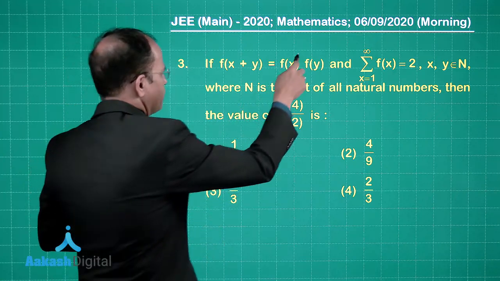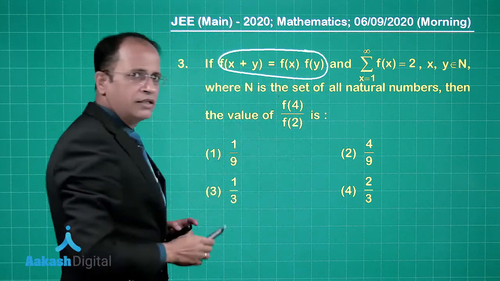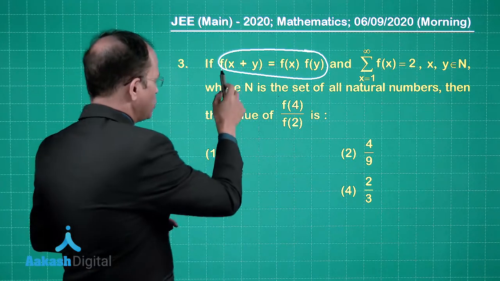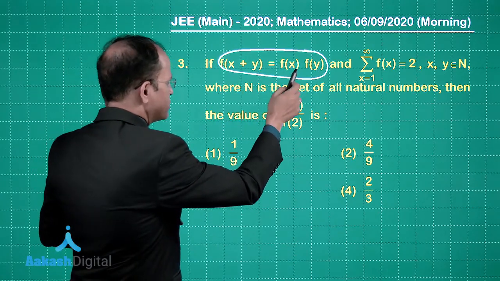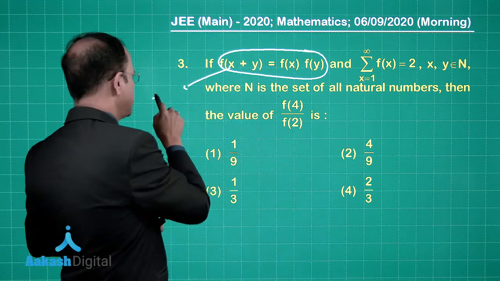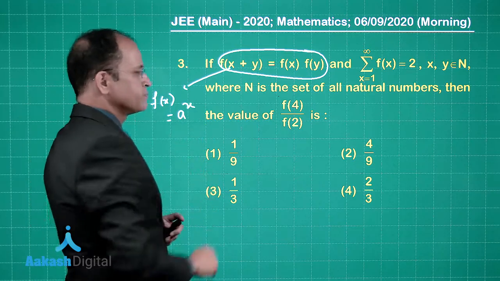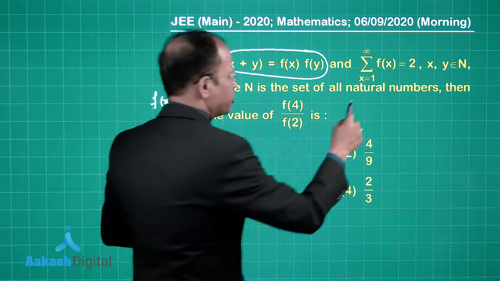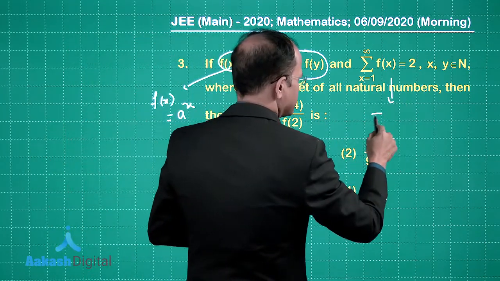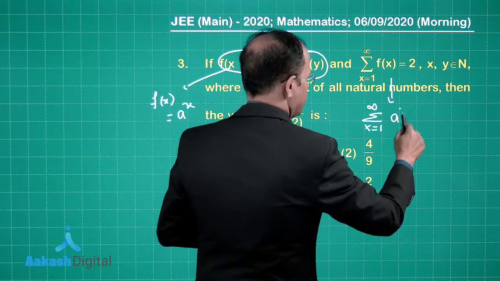Now if you see here, the prime concept involved is the functional equation. If f of x plus y is equal to fx into fy, what is the function we have? By seeing this relation, we can say fx is nothing but a raised to the power x. Then sigma x equal to 1 to infinity, a raised to the power x is equal to 2.